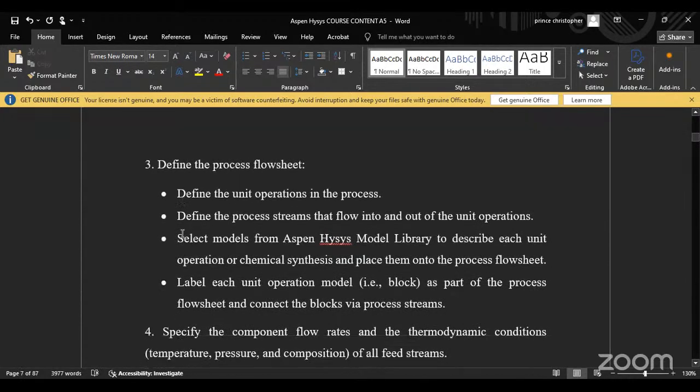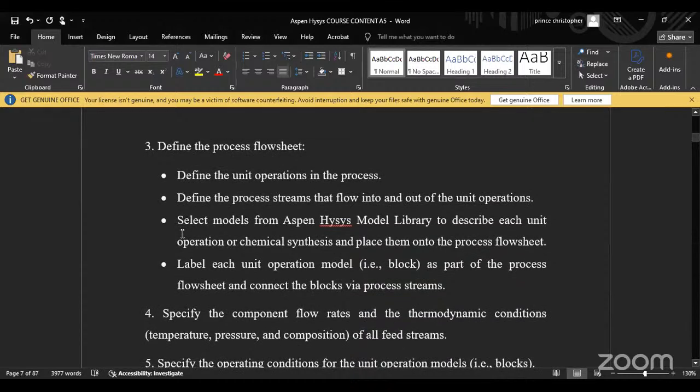The next thing we need to do is to define the process flow sheet, define the unit operations in the process.